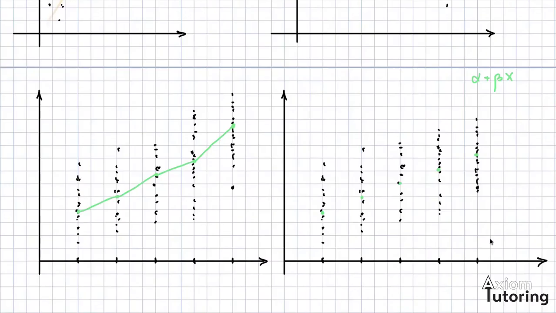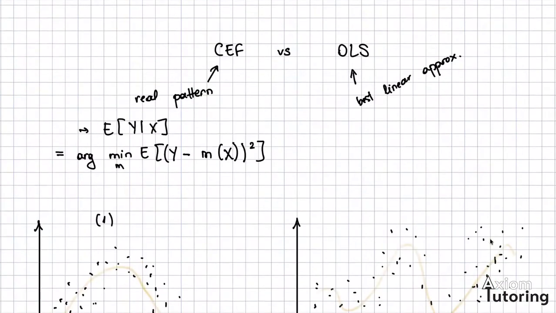That line, the one that will, let's say in parentheses, hug the true CEF as closely as possible, is found by a problem that you have seen mathematically written as the minimization of the expectation of y minus alpha plus beta x, all squared. This is the solution to the population OLS line.